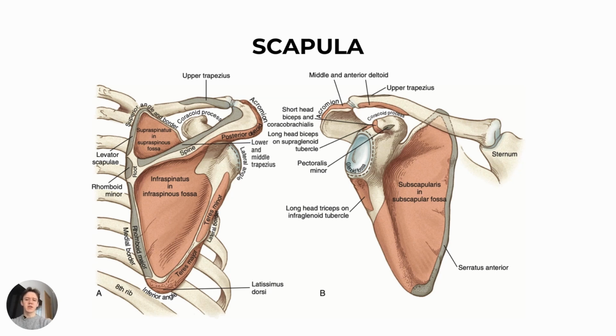Understanding this anatomy is crucial because these muscles work together to move your arm and stabilize your shoulder during everyday activities and sports-related activities. So 17 in total, 17 muscles that are helping us do what we like to do with our arms and upper limbs together.